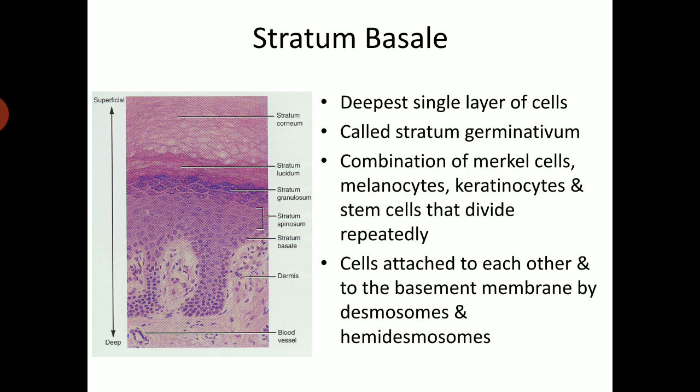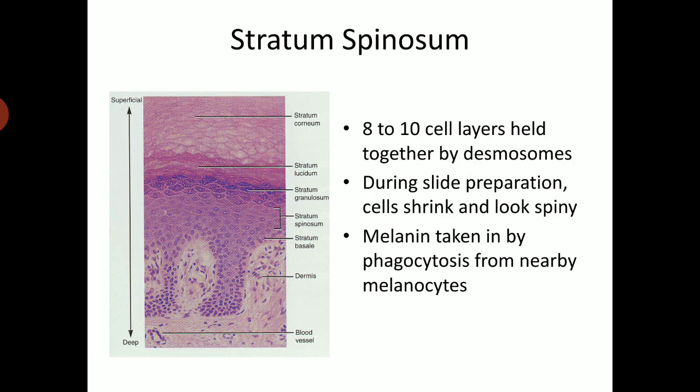Okay. The next layer is the stratum spinosum. Stratum spinosum has a spiny appearance due to the cell processes that join the cells via a structure called a desmosome.